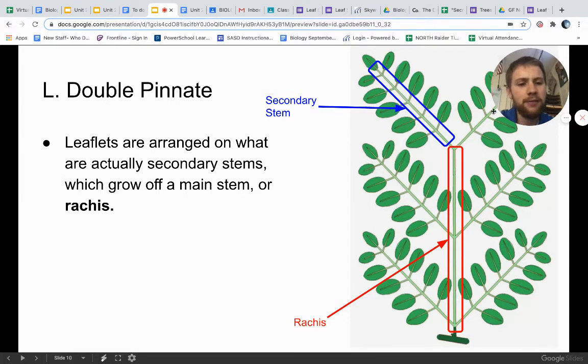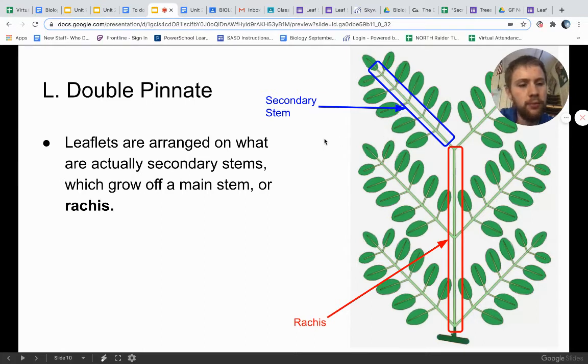It gets a little bit confusing, and I realize that. So you've got the petiole, the rachis, but then from the rachis you get separate secondary stems that grow off of our main stem, which is the rachis. Each of these secondary stems contains petioles that attach to the leaflets.